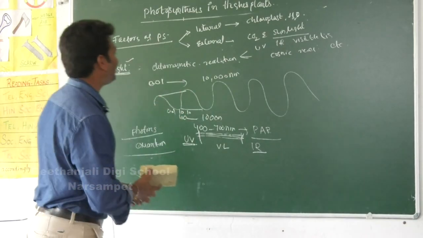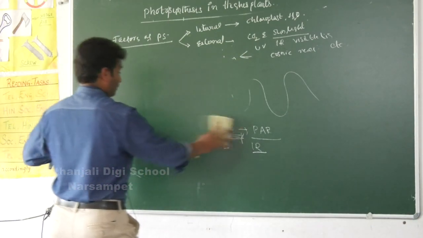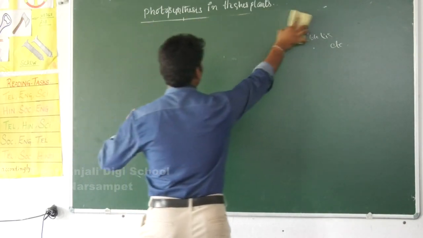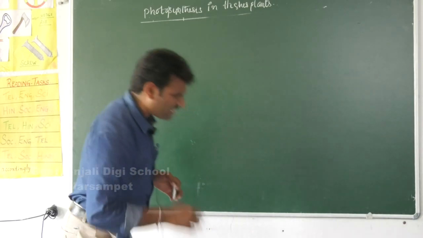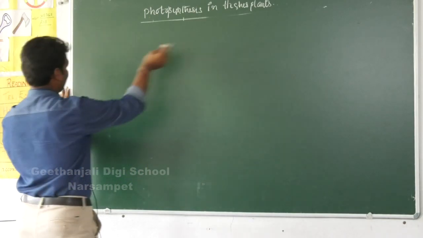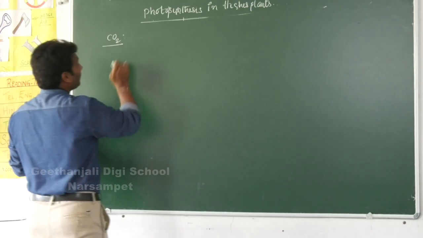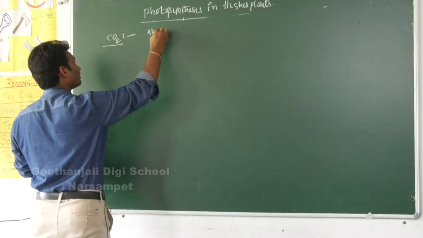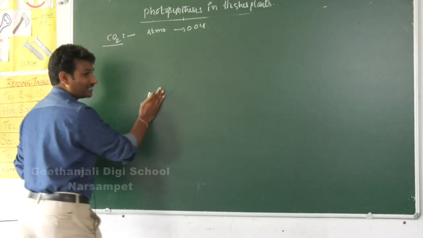The next important factor is the site of photosynthesis. Here, water is very important, as well as carbon dioxide. Carbon dioxide is present in the atmosphere, and its percentage is 0.04%.